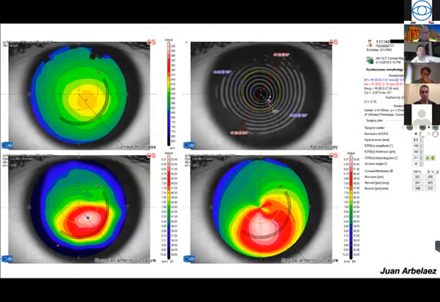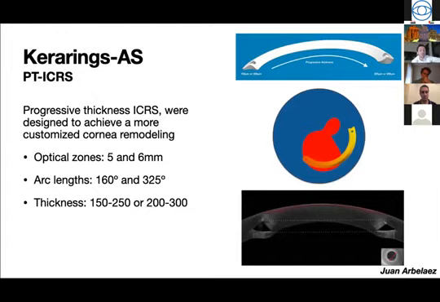So the solution for this was designed for keratoconus by Mediphacos. Those are the progressive thickness intracorneal ring segments, designed to achieve a more customized corneal remodeling. They are thinner at one end and start becoming thicker until the other end. You can see here in the section image where the ring is thicker and where it is thinner on the opposite side.